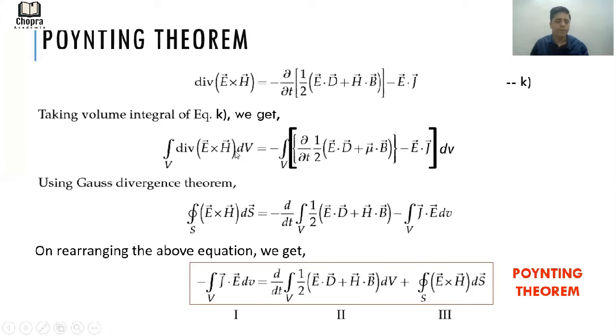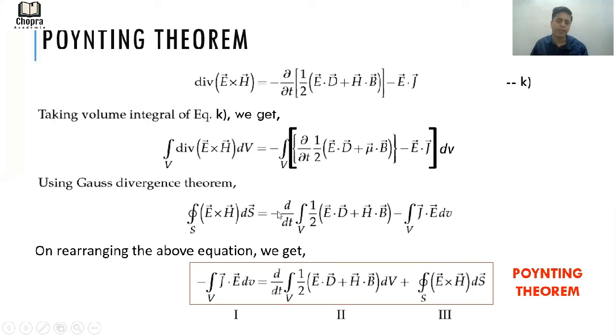Now by using surface integral conversion here, that means I use Gauss divergence theorem, I convert this left hand side to the surface integral as integral over surface E cross H ds. This becomes minus d by dt integral half E dot D plus H dot B dv minus integral J dot E dv.